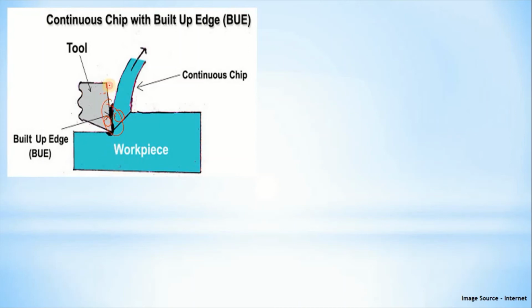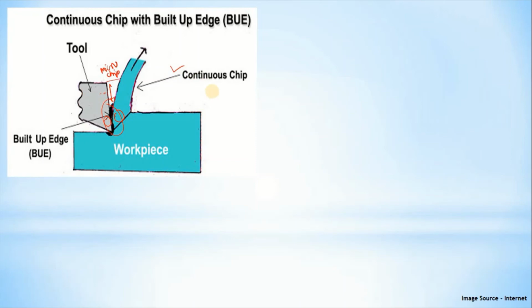These are the microchips which are formed whenever we are doing the machining operation. When they are exposed to this higher temperature, they will weld to the tool face, but we get this only with continuous types of chip.